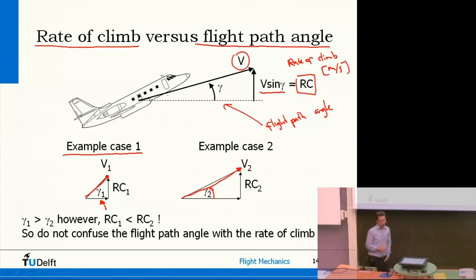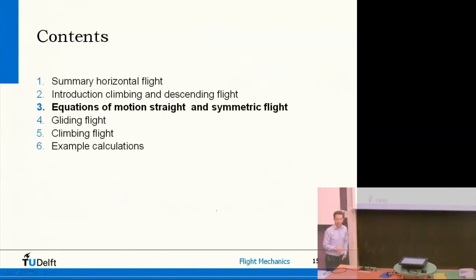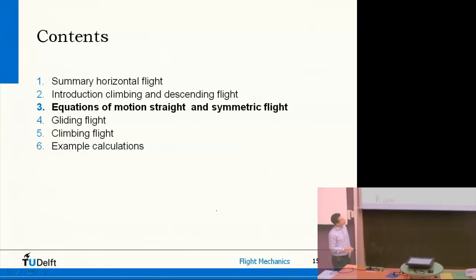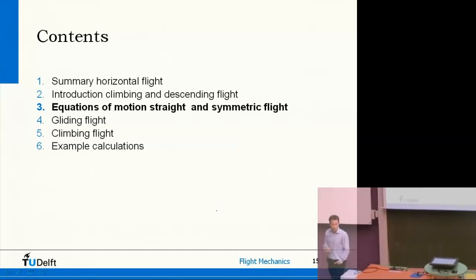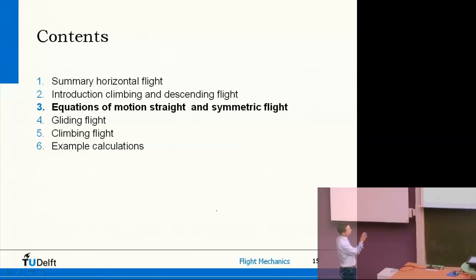Then let's have a look again at the equations of motion, but in this case I'm going to talk about straight and symmetric flight. So this means I'm not talking anymore about horizontal flight. Now we're going to climb or descend. If you take this diagram, I've shown it several times already, but if you draw all the forces on the aircraft and all the accelerations, then this is what you get.